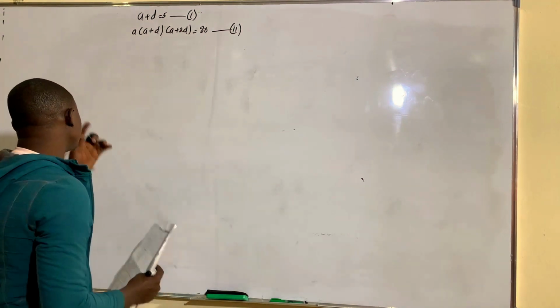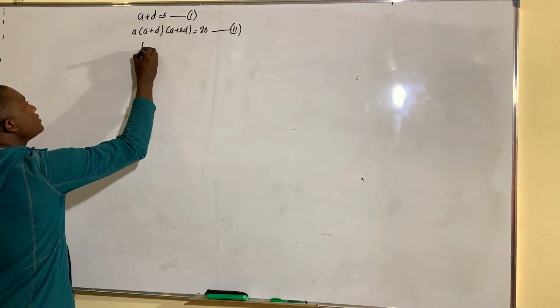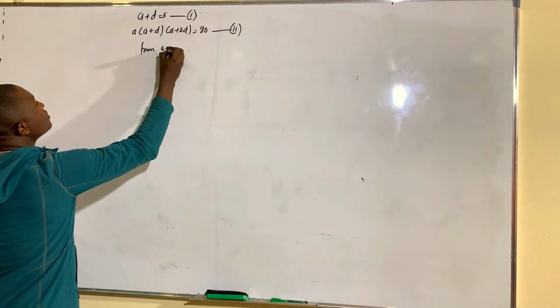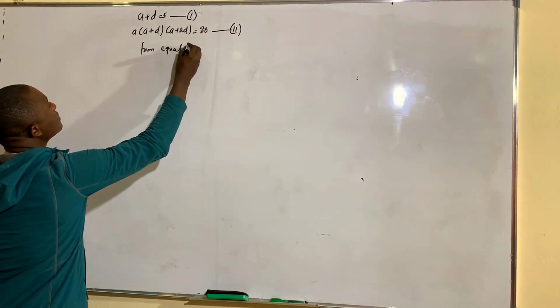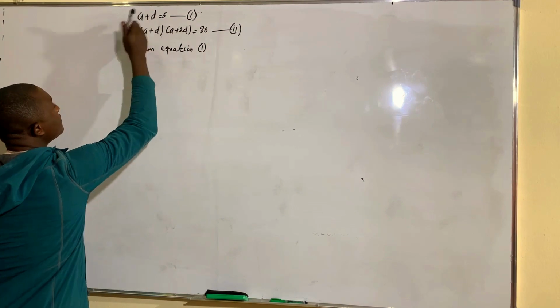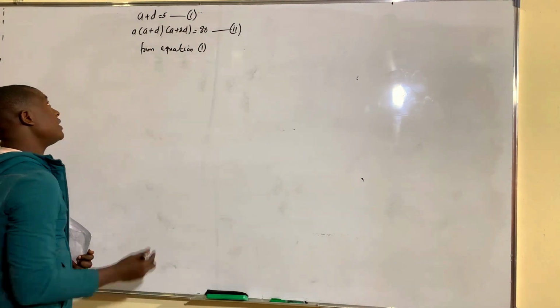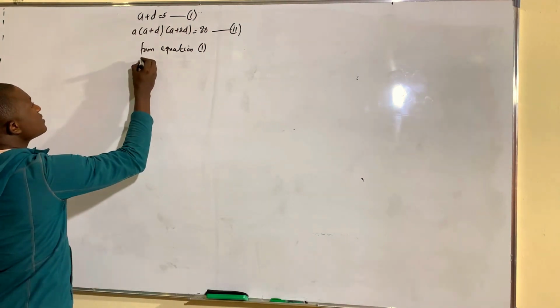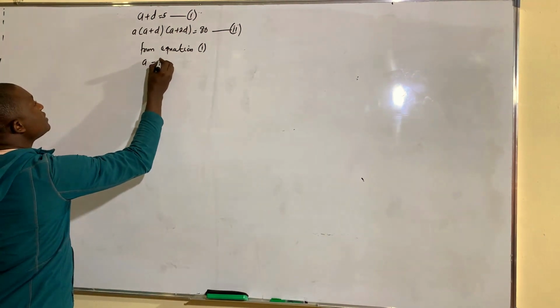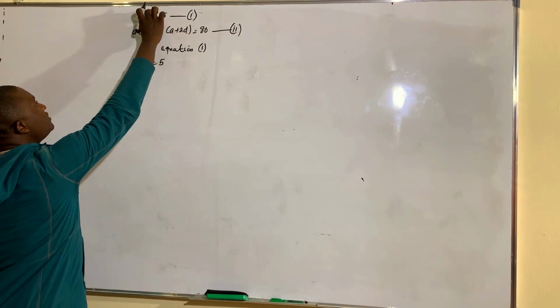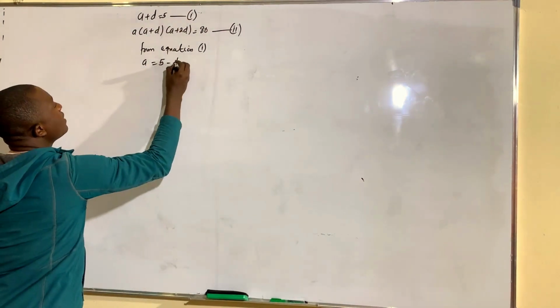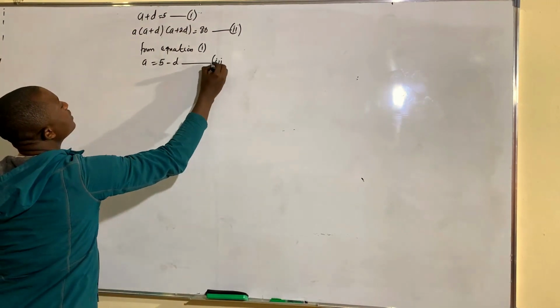If I make A the subject from equation 1, that means I can have A is equal to 5 minus D. This D was plus, so when it goes to the other side, it becomes minus D. So this is my equation 3.